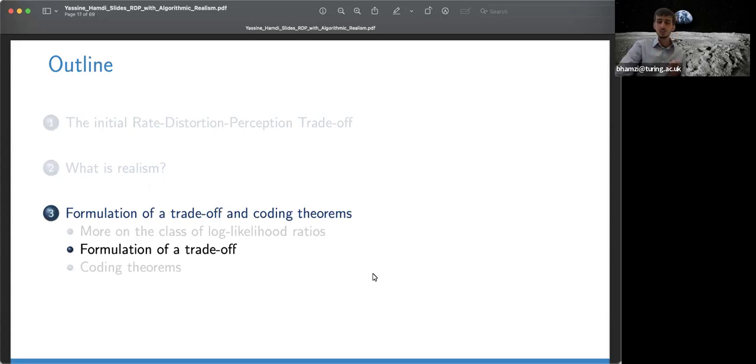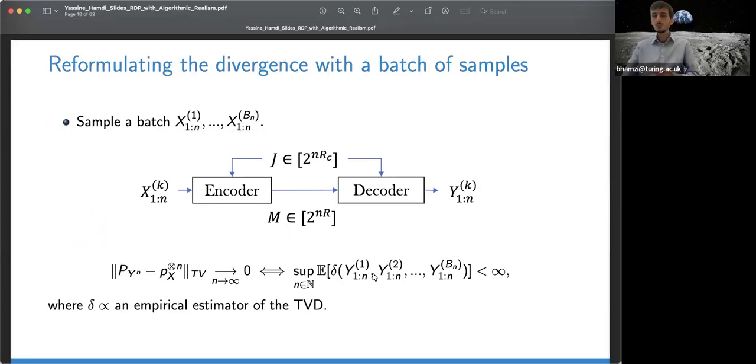Now let's start our formulation. So the nice thing is that we're not just going to have a formulation where we test the realism of a single reconstruction or think about a compressed image, but we're going to do something a bit larger. In particular, we noticed that with log-log ratios, if you give a lot of samples to the function delta, to the log-log ratio, then you can approximate essentially a divergence.